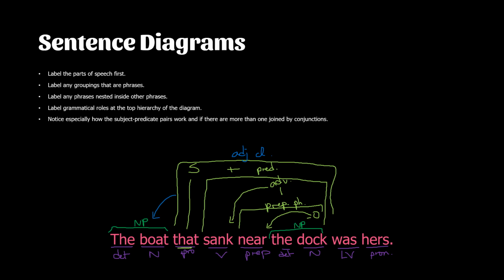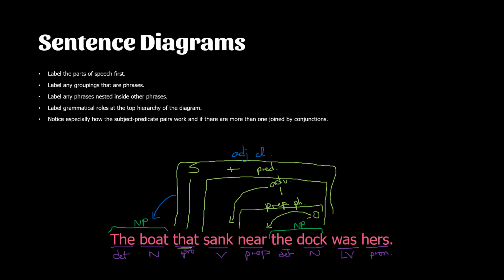So now I have "the boat was hers." If I erase this adjective clause, I have a complete sentence. If I try to take the adjective clause and let it sit by itself and say, "that sank near the dock," it doesn't make sense. So it's a dependent clause that has to be inside the main clause.